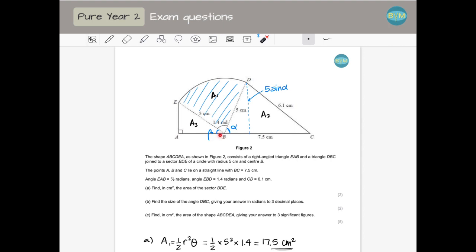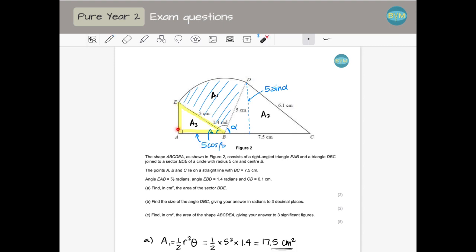AB is the adjacent. So if you just check this triangle, AB is the adjacent, so it's going to be cos, and this is the hypotenuse. So cos beta is going to be the adjacent divided by the hypotenuse, which means this side is going to be 5 cos beta.